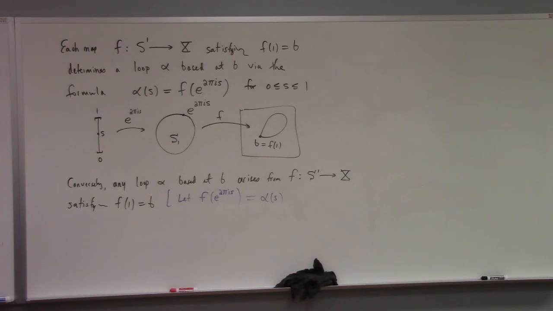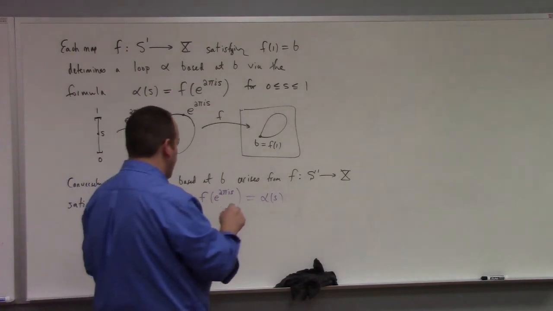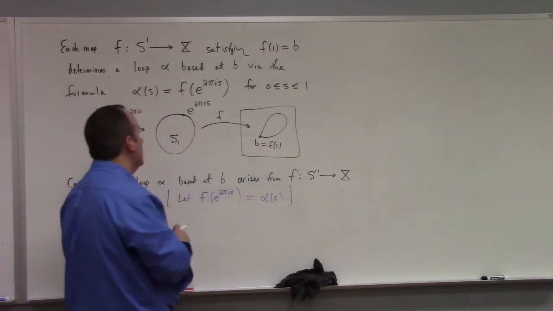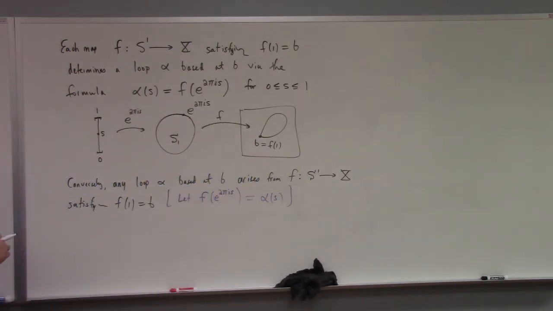So are you debating whether or not my construction makes sense? Because I guess the question is, are we starting with a loop or a homotopy class? I was literally thinking about a loop. The circle is a quotient space of the interval 0 to 1.